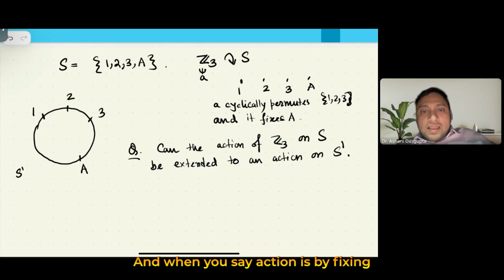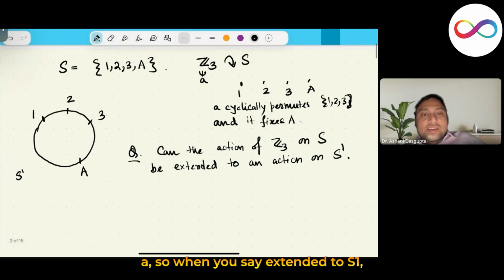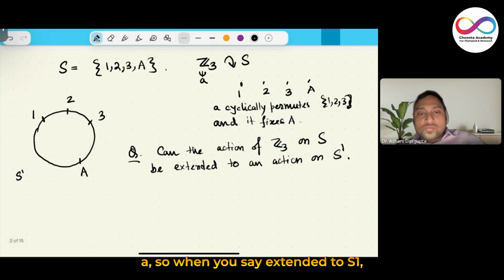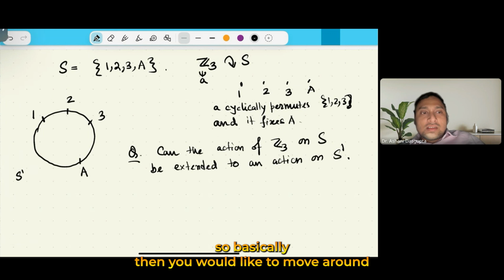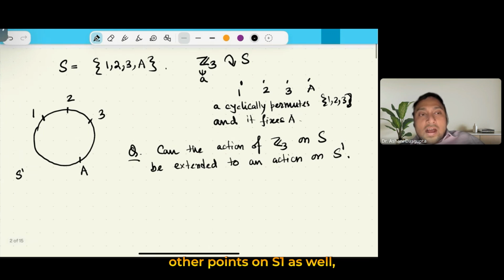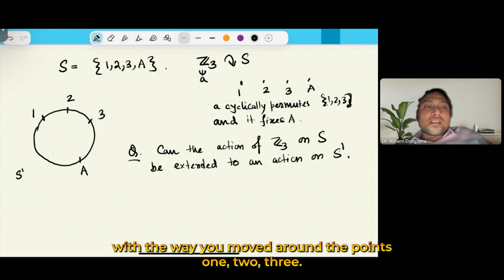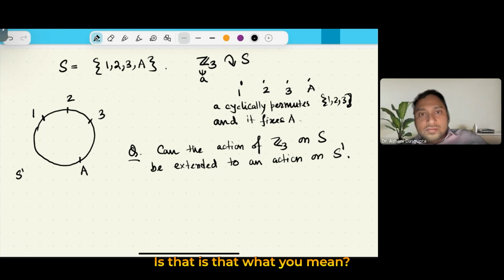Yes. And the action fixes A. So when you say extend it to S1, you would like to move around other points on S1 as well, which are compatible with the way you moved around the points 1, 2, 3. Is that what you mean?